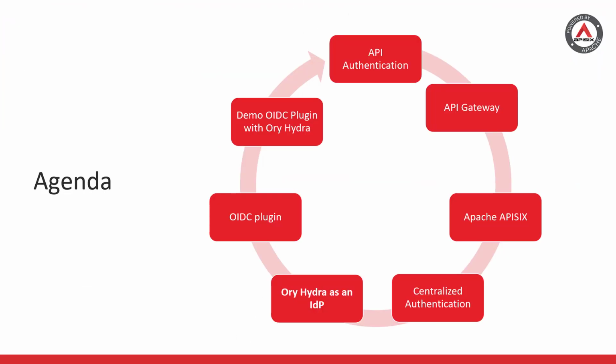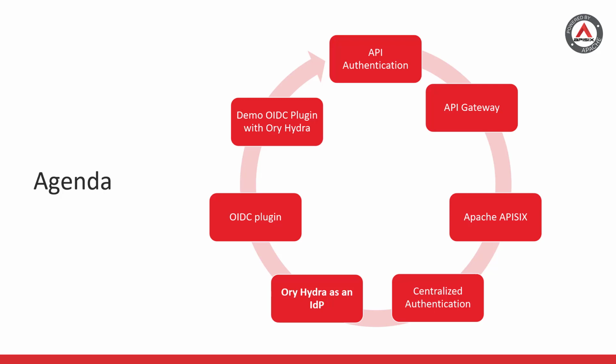So here is our plan for today. We're going to start with understanding what API authentication is, and we can have a look at how API gateway centralized authentication can solve some cross-cutting concerns regarding authentication.